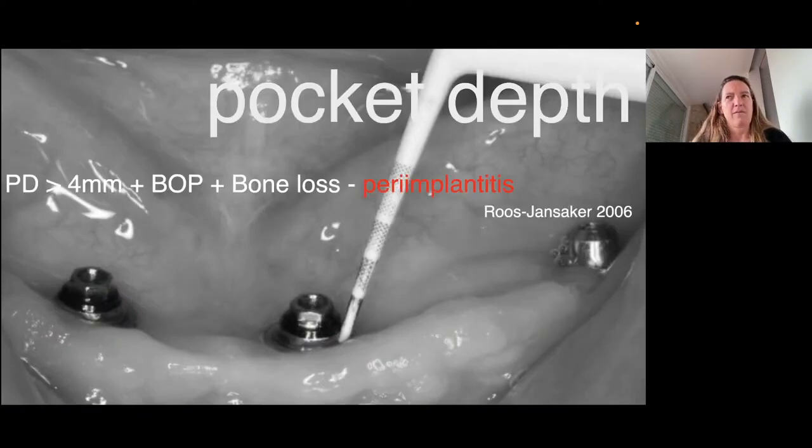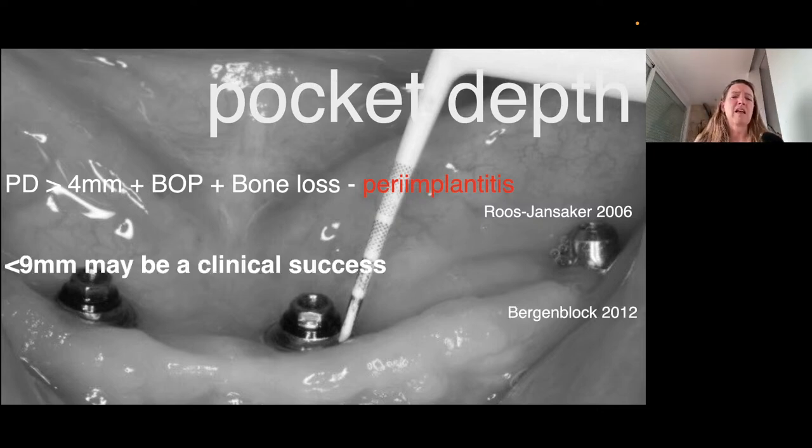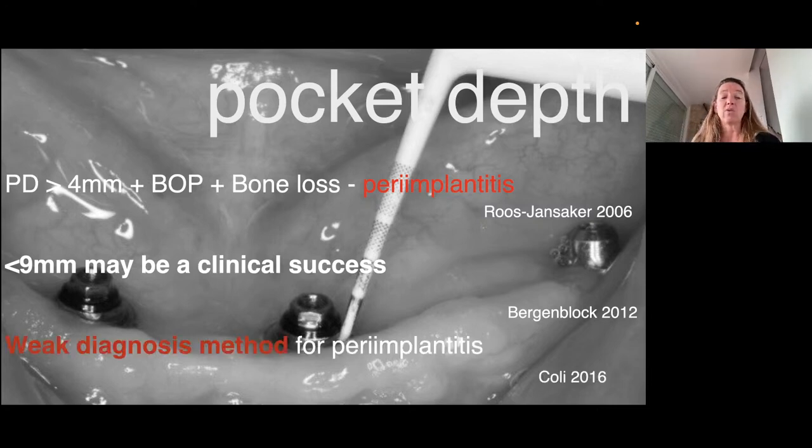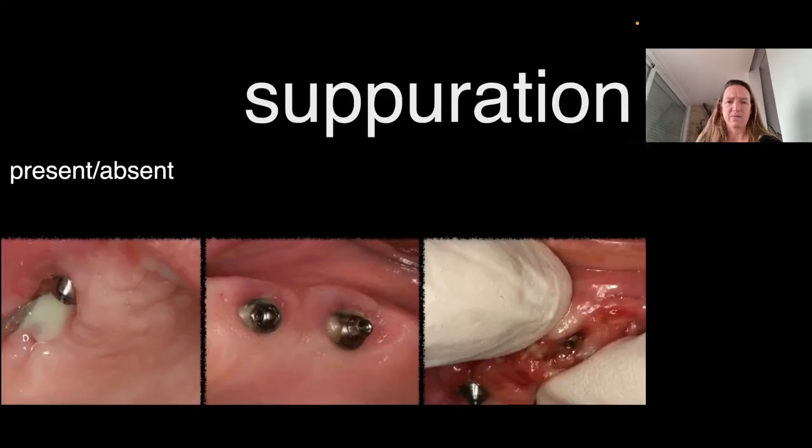Some authors say that more than 4 millimeters of pocket depth with bleeding on probing and bone loss is peri-implantitis. Some of them say that less than 9 millimeters can still be a clinical success. So it's always been a very big discussion around pocket depth. So it's a weak diagnosis method for peri-implantitis.